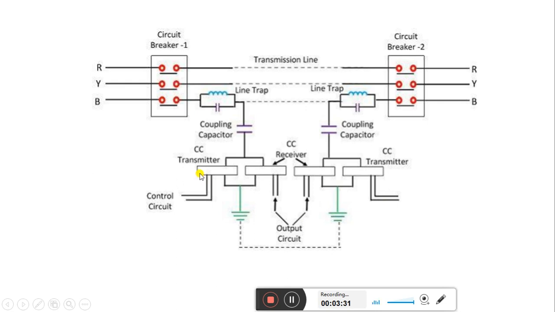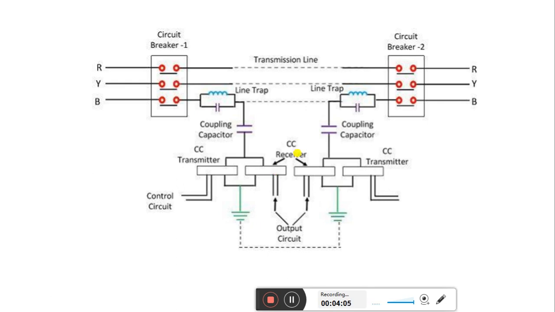It means the signal from this side transmitter will be transmitted into the line, through the line towards the other end, and the receiver block will receive this signal at the other end. Similarly, if there is some problem at this side, then this side transmitter will transmit the signal into the line, and the other side receiver will receive the signal.